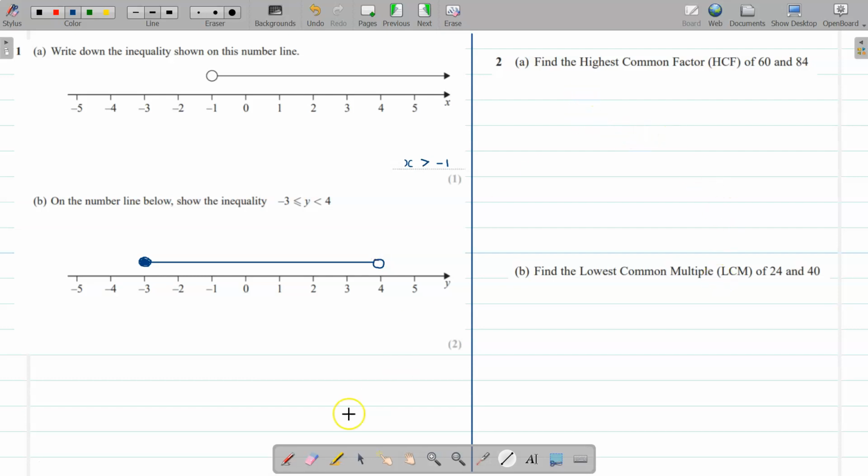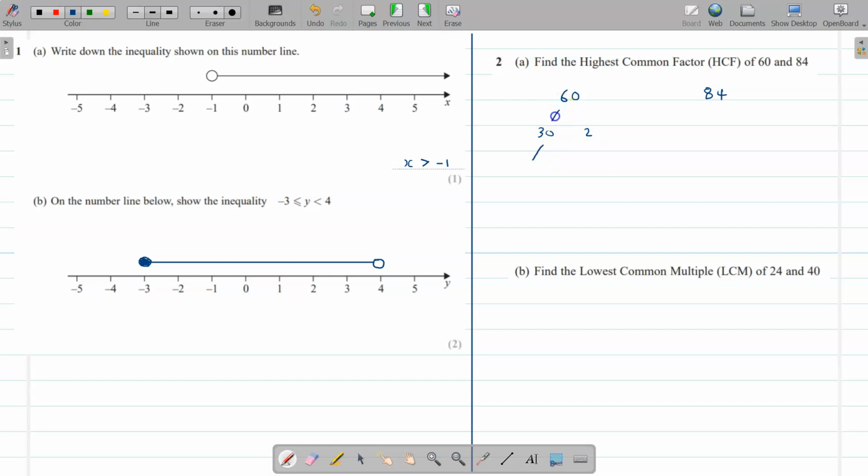Okay, next question. Highest common factor of 60 and 84. Quite easy this. Just take 60 and 84. You could probably do this without, but just to show the factor tree, we can have 30 and 2. So this is the prime factors.